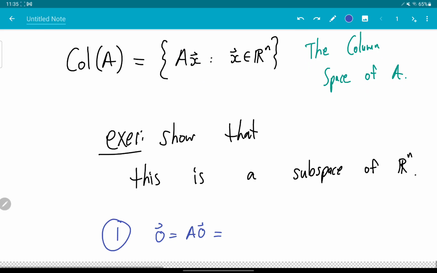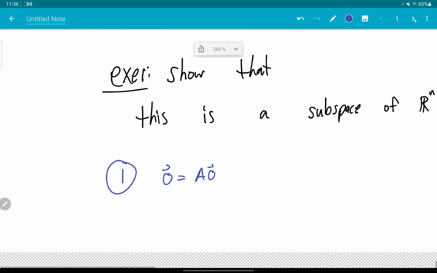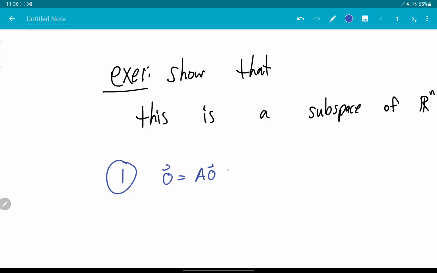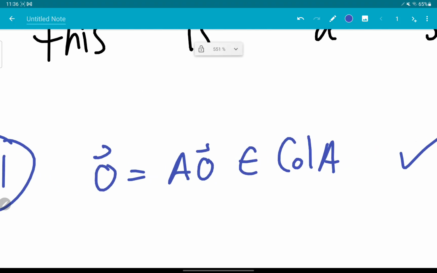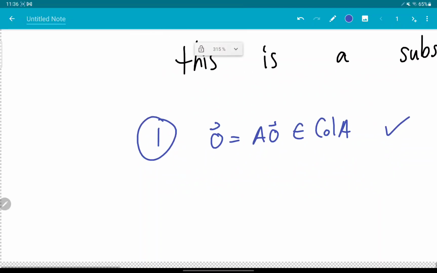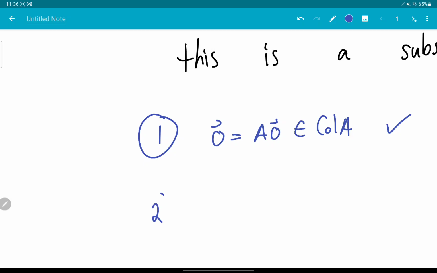That's all I need to do. Easy peasy. So that's what I've done. Okay, this is clear. So boom, that is in col A. Check mark. Good job. Do you agree? Reading this from left to right, do you agree or disagree? Hopefully you agree. But if you don't agree, come talk to me. We will talk you into it.